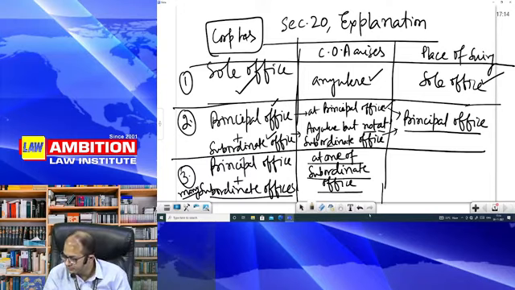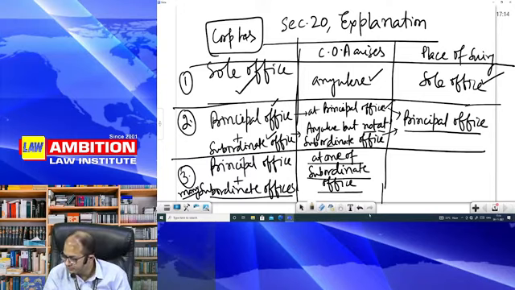But what is not permitted? You cannot confer jurisdiction on a fifth court. You cannot say that this will have jurisdiction and this will not, against CPC. That is law, and can you have an agreement against law?